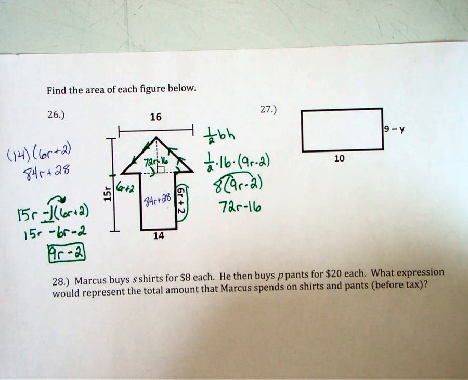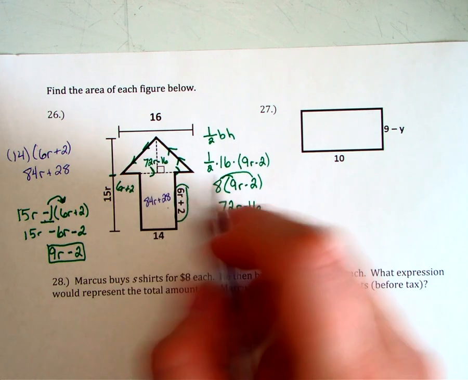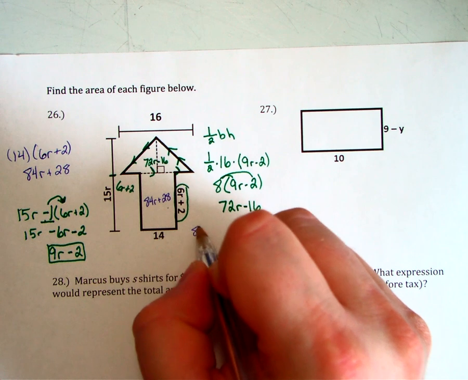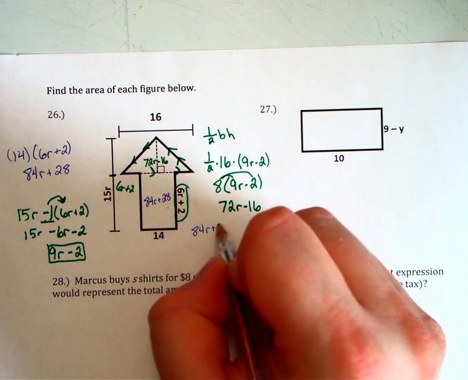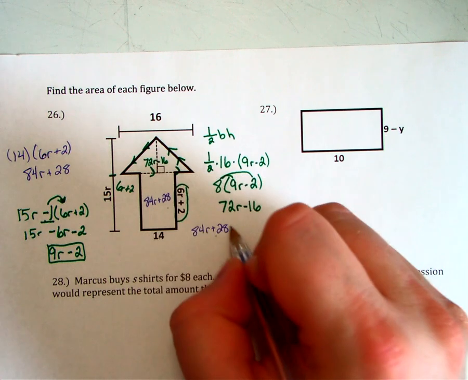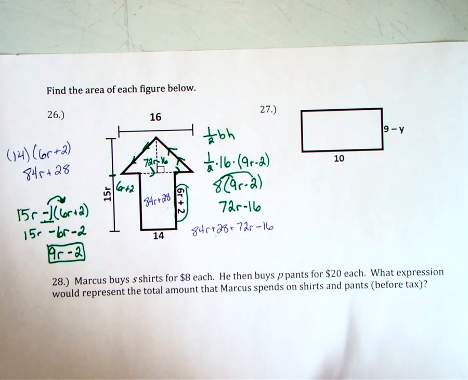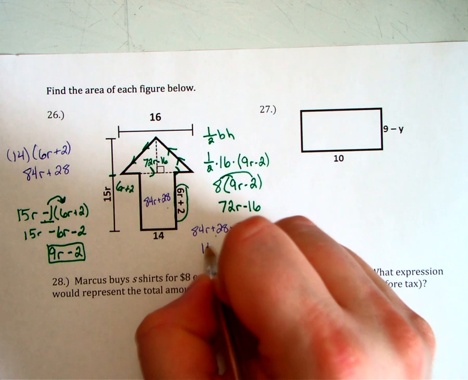I'm going to go back to my blue pen to finalize things. We want to know the total area, so 84r plus 28 plus 72r minus 16. So we'll combine our 84 and 72 because those are like terms. And we come up with 156.